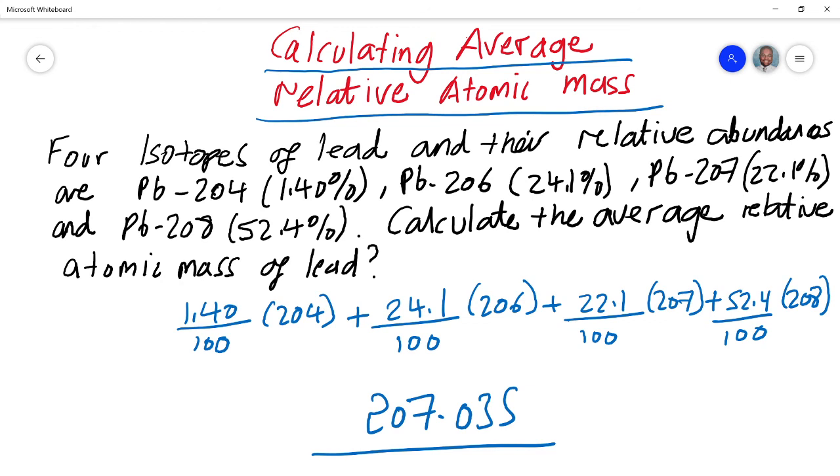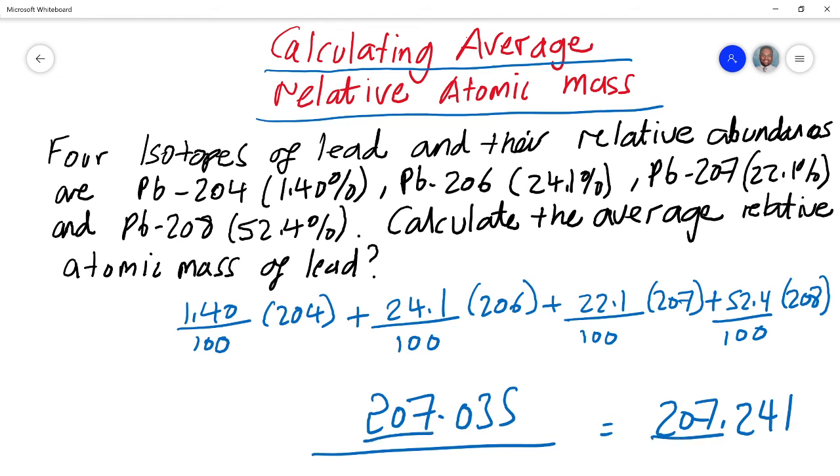If you're not too sure, you're welcome to check it again, because when you're first working through these questions, you always get skeptical, but the most important thing is to ensure that you get the correct answer. So you're going to get 207.034. Sometimes you might get another answer, 207.241, but the most important thing is to get this point right.